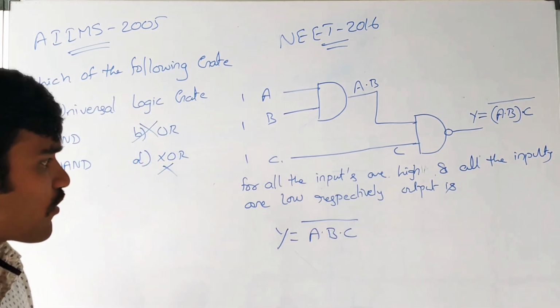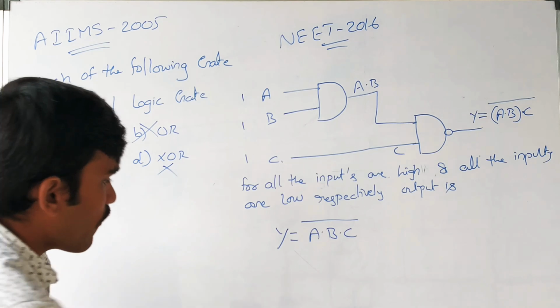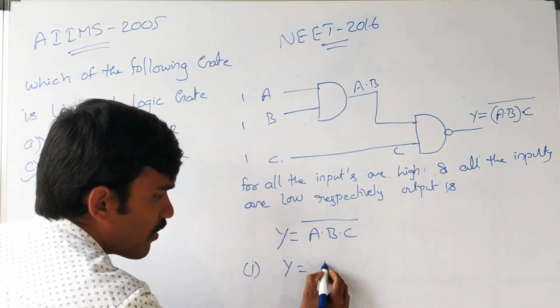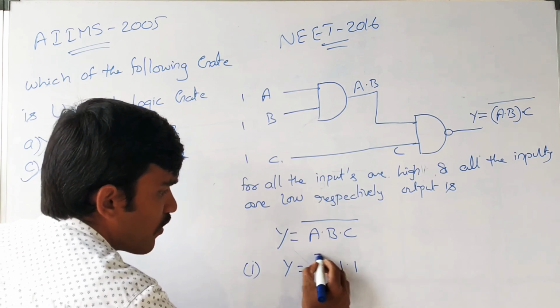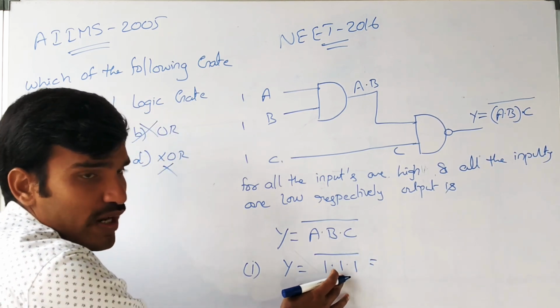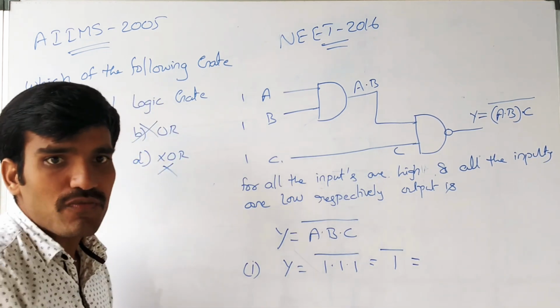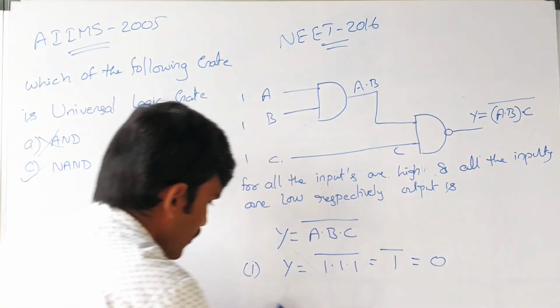Now take the first condition, if all the inputs are high: Y is equal to 1 into 1 into 1 whole bar. 1 into 1 is 1, 1 into 1 is 1, that means 1 bar. The complement of 1 is 0.